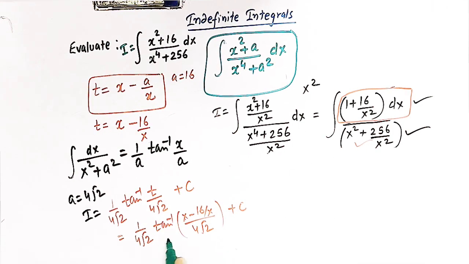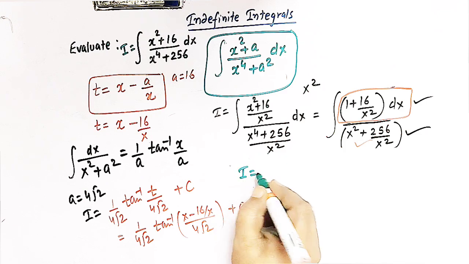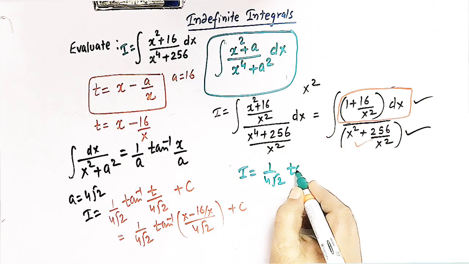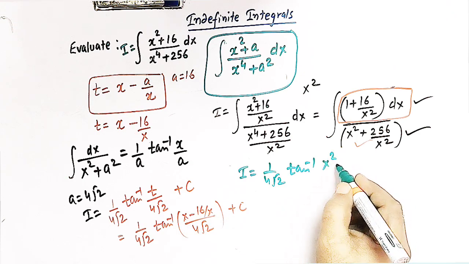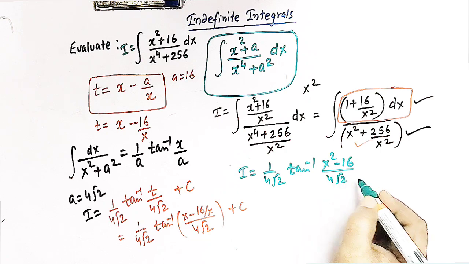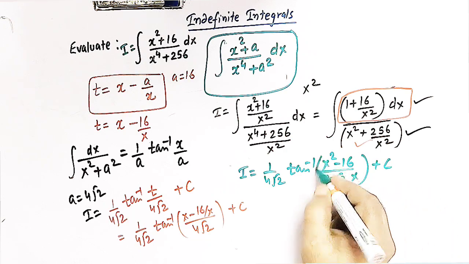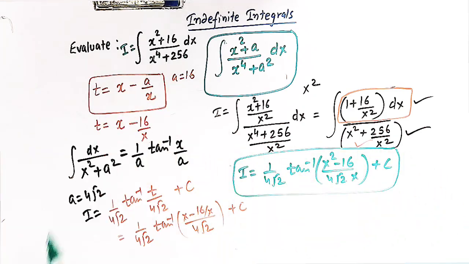So now simplifying this expression, we can finally write the value of this integral I as 1 over 4 root 2 tan inverse, and here x times x is x square, minus 16 over 4 root 2 x, plus c, right? So this is the required value of this integral.